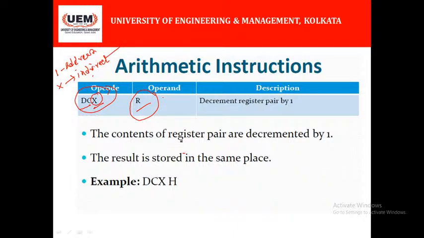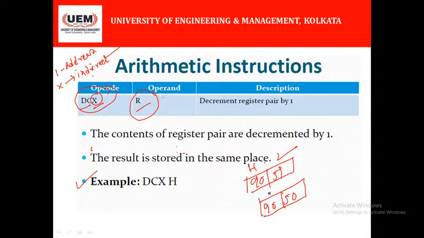So what we are doing is decrementing a register pair. For example, DCX H, suppose the value of the HL register pair is 9051. After decrementing, the value becomes 9050.